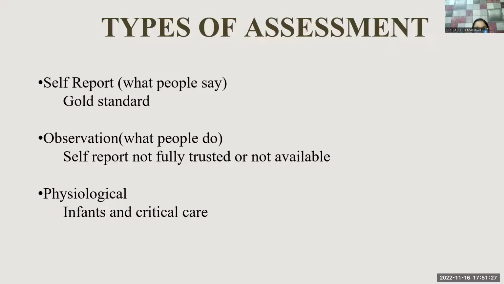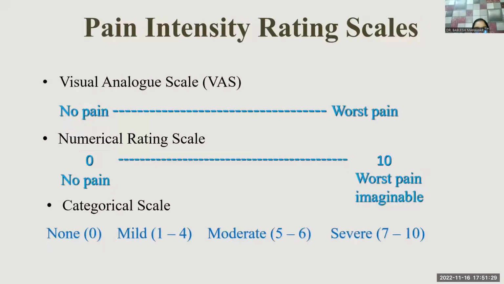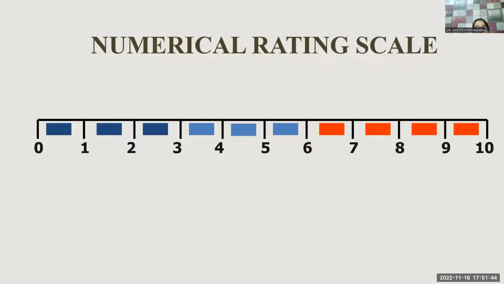Next slide, please. These are also certain unidimensional pain scores, like the visual analog pain scale, numerical rating scale we routinely use, and categorical scale as mild, moderate, and severe. Next slide. Numerical rating scale is just like this. This is a pictorial presentation. Next slide.